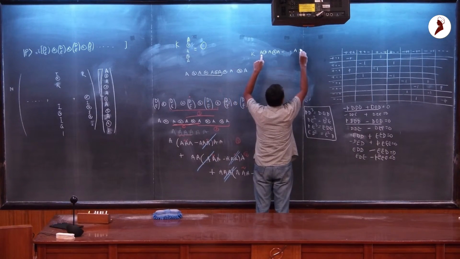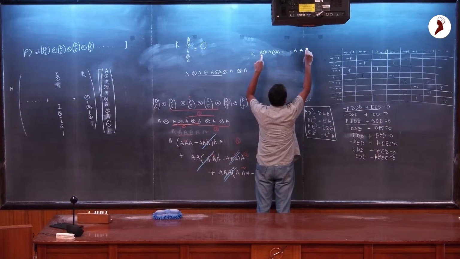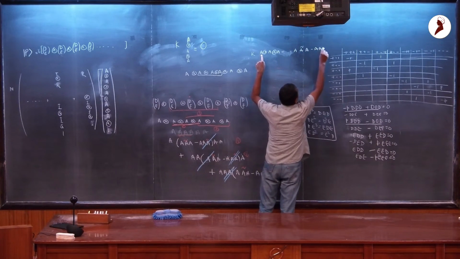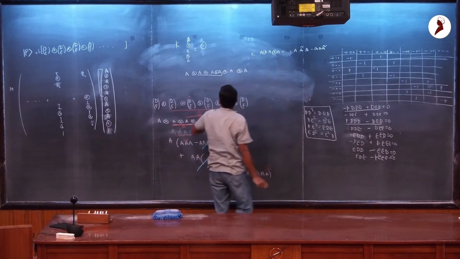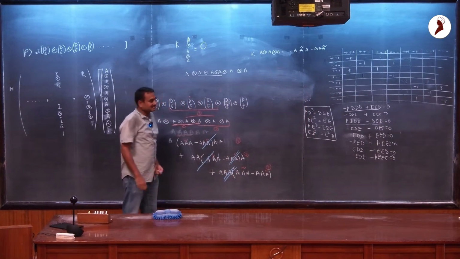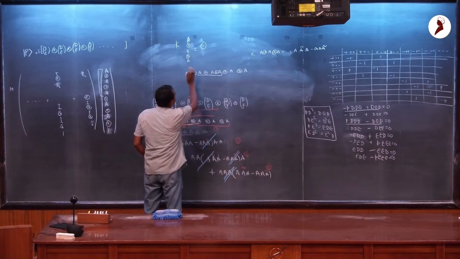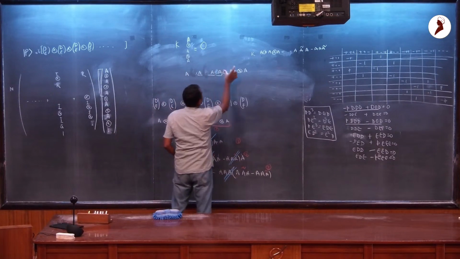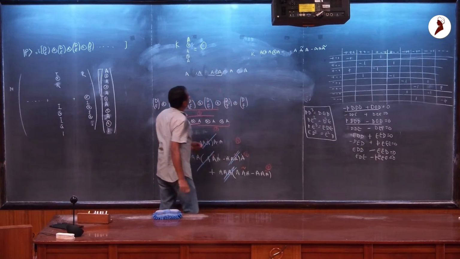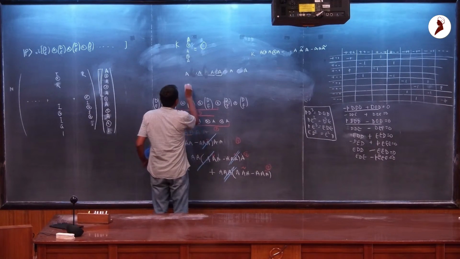So this is A tilde, A tilde A minus A tilde. This is how I'm writing it. Okay? So, in my notation, I'm not using these ones. 6 A's are there. So now I write it's equal to 6 A's.